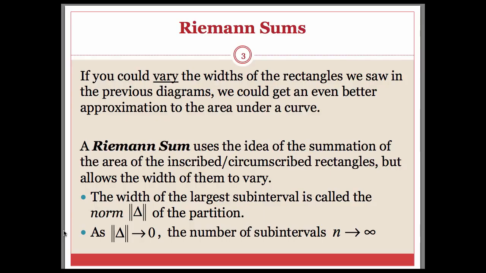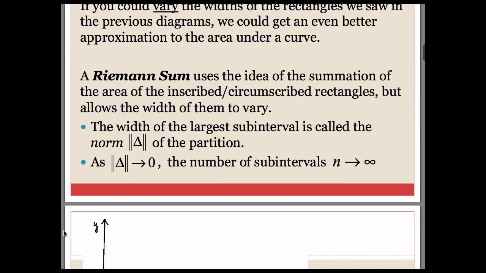So if you think about that, as the width of the widest rectangle gets skinnier and skinnier, basically the norm is approaching 0, and that allows the number of subintervals n to get larger and larger and approach infinity. Basically, as the rectangles get skinnier, you are able to fit more of them under the curve. And hopefully that makes sense.